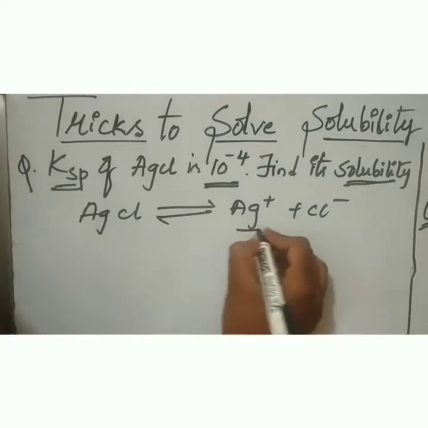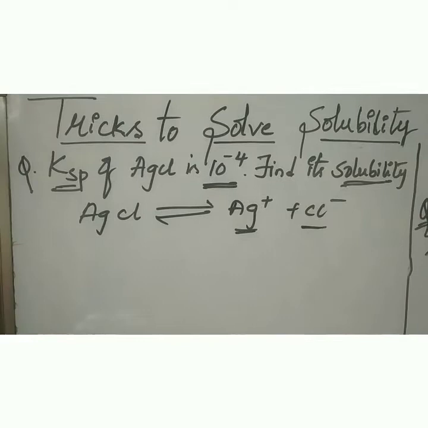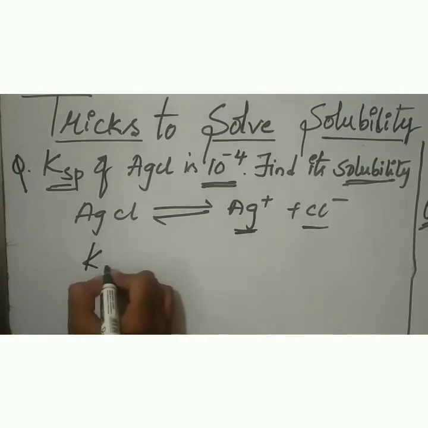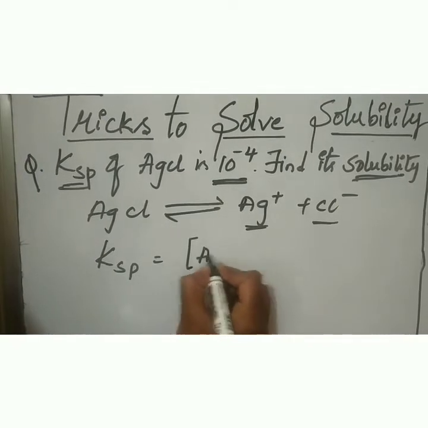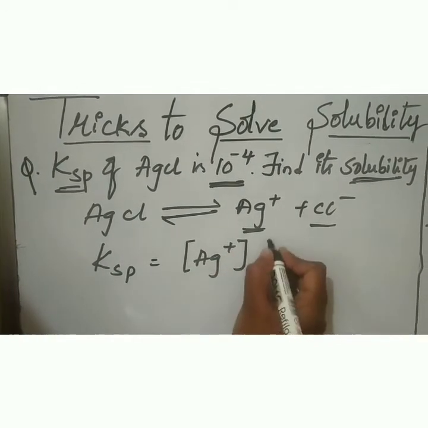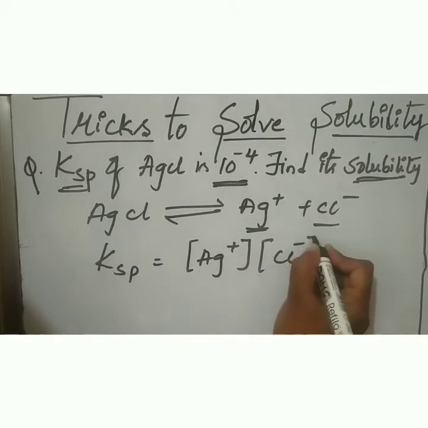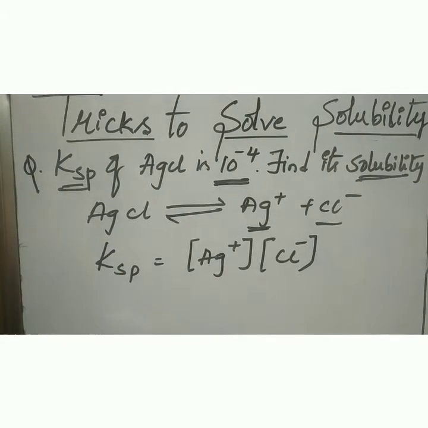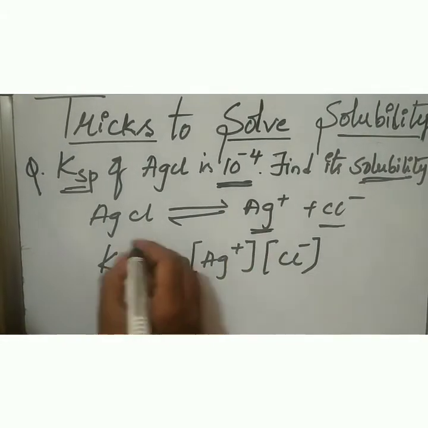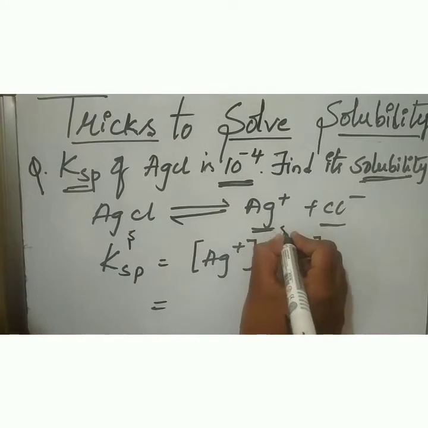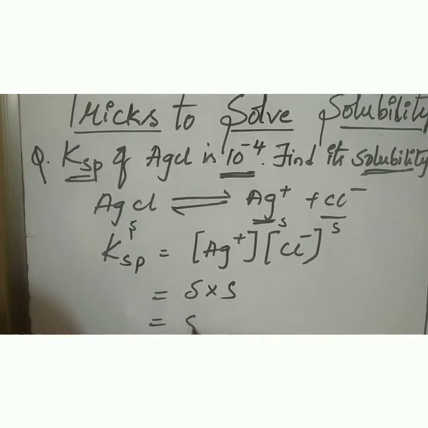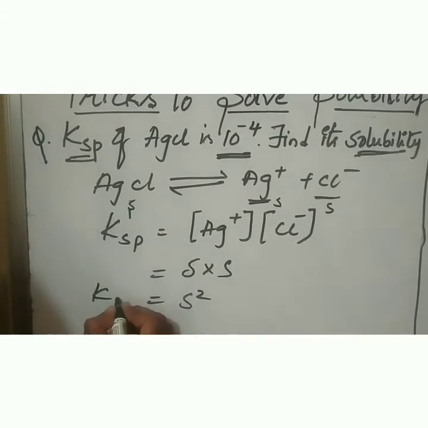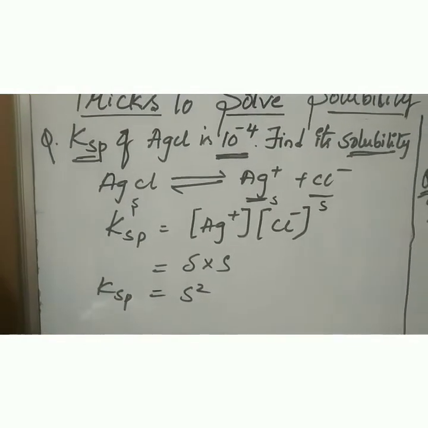Then the solubility product of AgCl is Ag plus into Cl minus. Suppose this is S, then this is S, so S into S gives S square. Okay, the solubility product is S square.